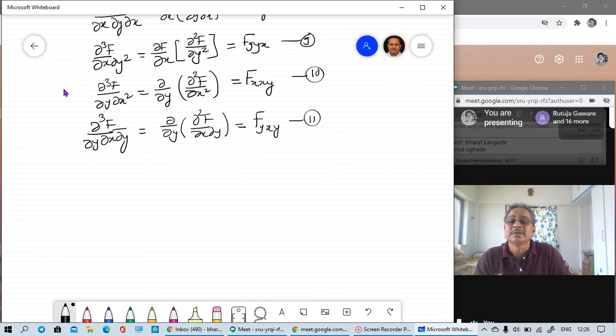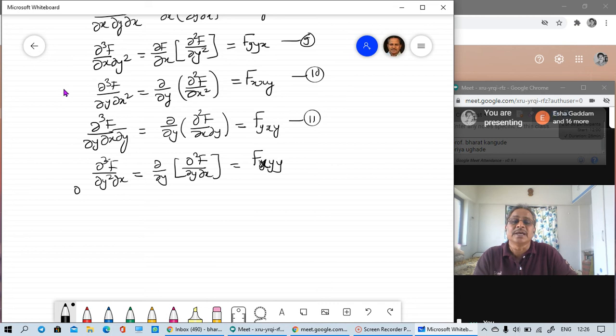And the last one is ∂³f divided by ∂y² ∂x, that is equal to ∂/∂y of the second order partial derivative ∂²f/∂y∂x. And doing this, this is first x, then y, and then y.